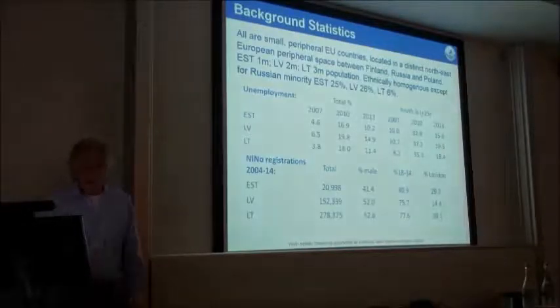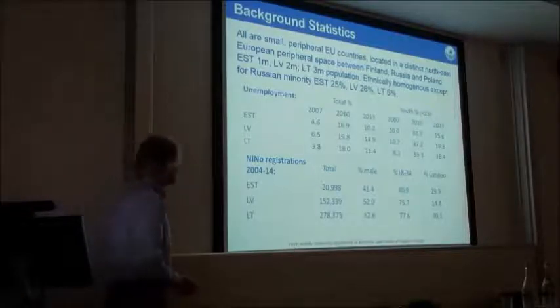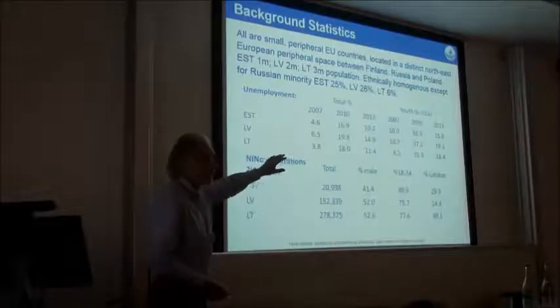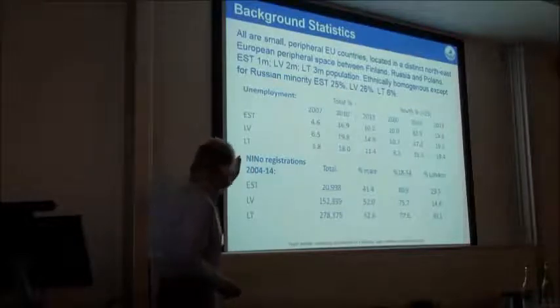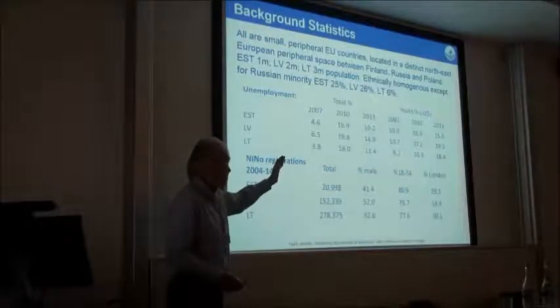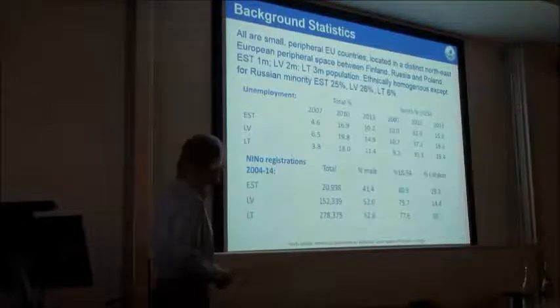Okay, here are a few background statistics which simply reinforce those that we have seen before. The top set look at total and youth unemployment and show really neatly how these three countries went through the crisis and have partially recovered from the crisis, at least in terms of crude unemployment and youth unemployment figures.